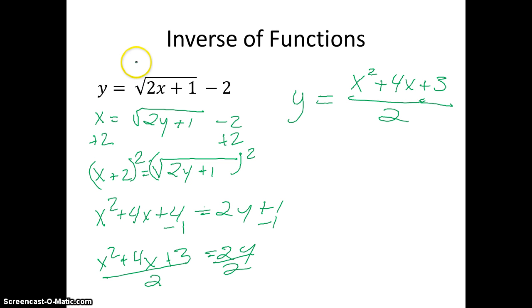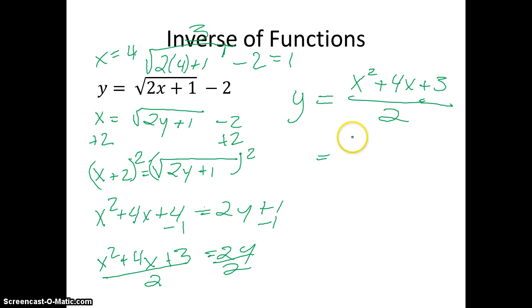So I have the square root, let's let x equal 4 this time. So I have square root of 2 times 4 plus 1 minus 2. Let's see, 4 times 2 is 8, plus 1 is 9. Square root of 9 is 3, minus 2 equals 1.